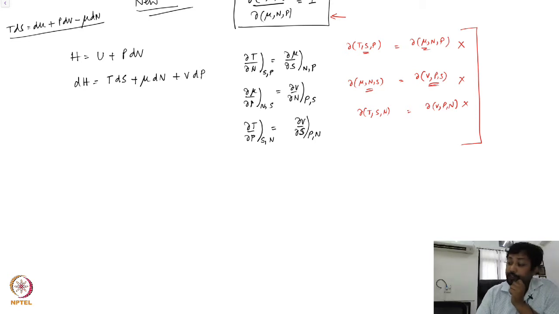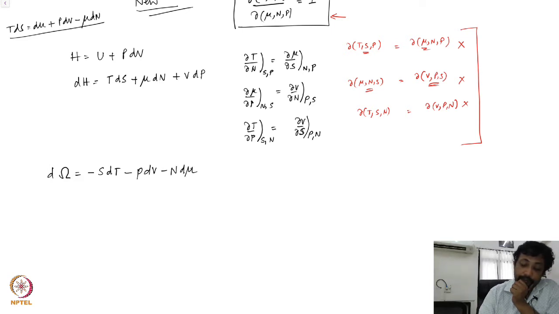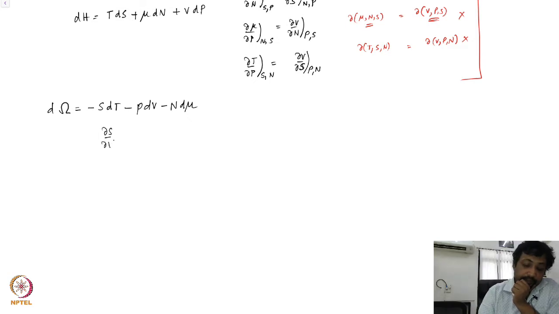What else are we left with? We are left with omega. Omega, if I write down, is minus S dT minus P dV minus N dμ. So ∂S/∂V is equal to ∂P/∂T. μ is definitely held constant.